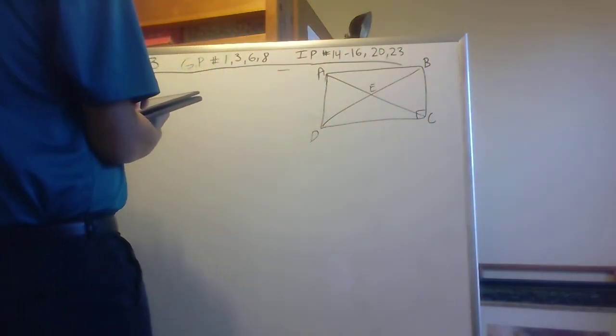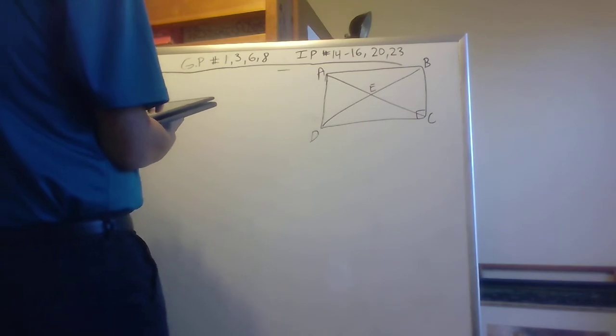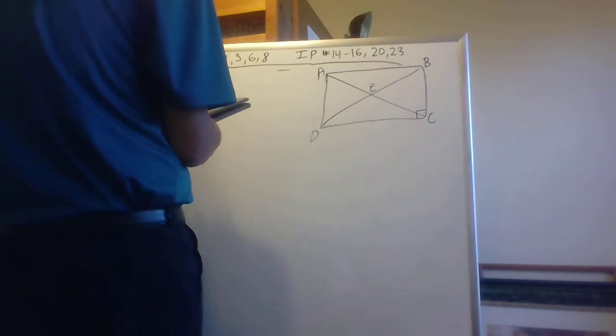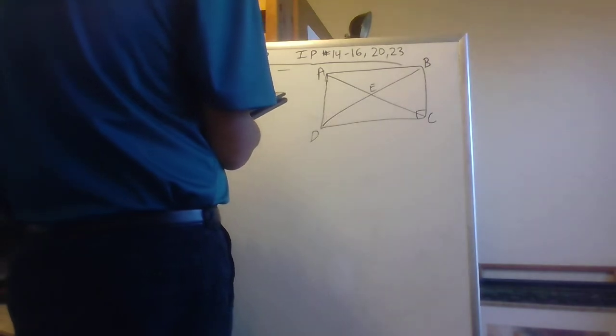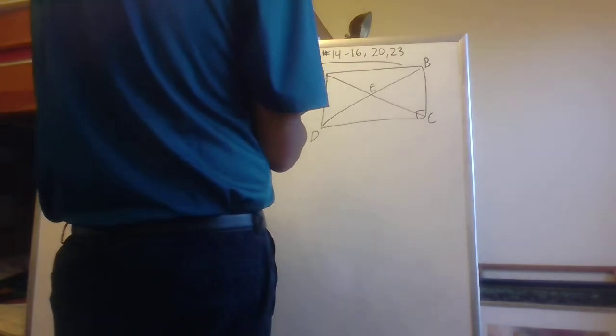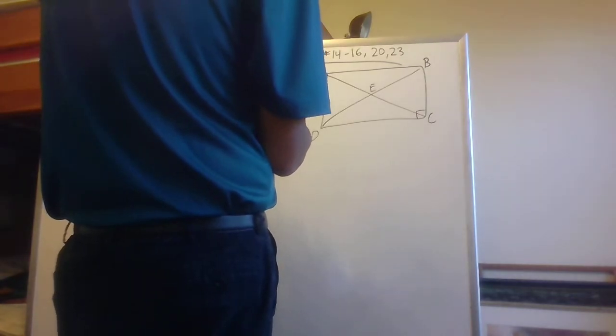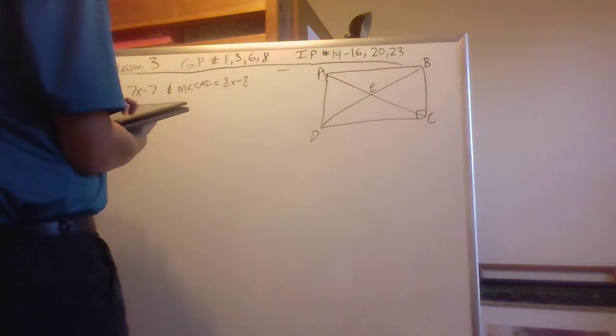For 14, it says the measurement of BAC is equal to 7x minus 7, and the measurement of CAD is equal to 8x minus 8. Find the measurement of BAC.